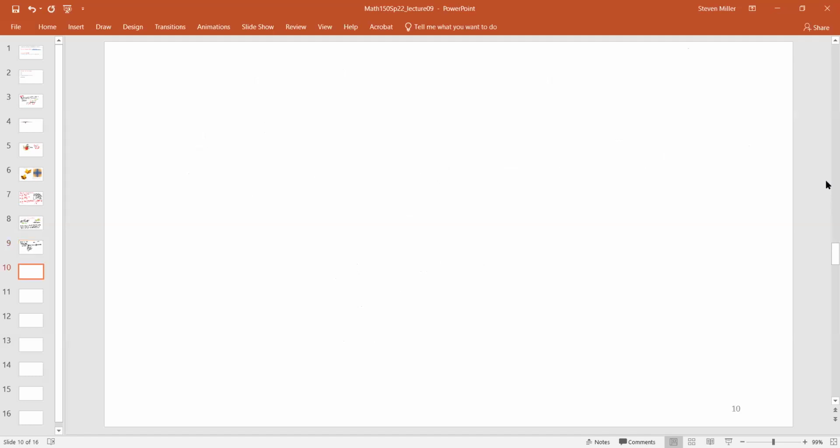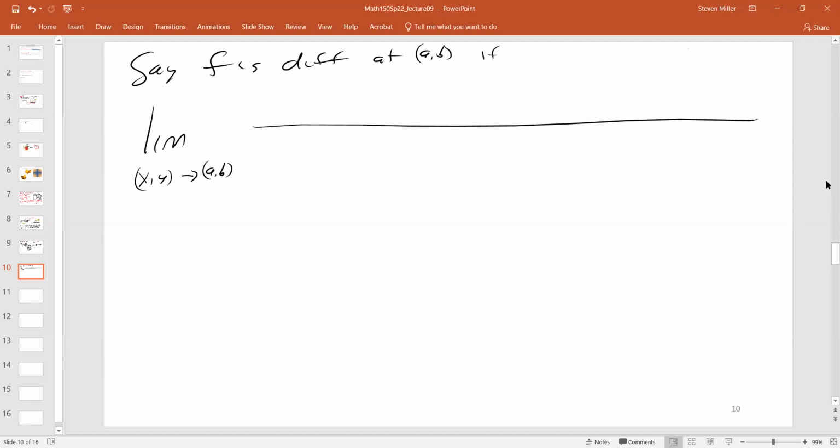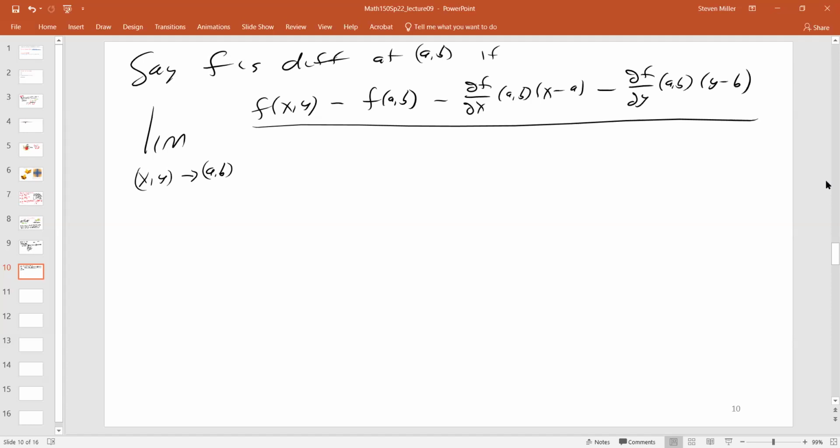So say f is differentiable at (a, b) if the limit as (x, y) goes to (a, b), I have to be a little bit careful here, of f of (x, y) minus f of (a, b) minus df/dx at (a, b) times (x minus a) minus df/dy at (a, b) times (y minus b), over what?